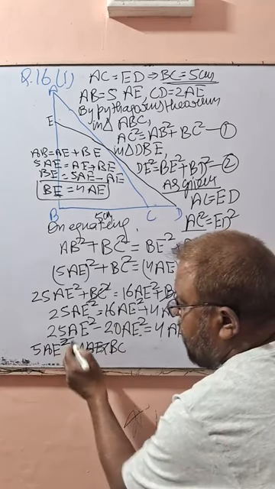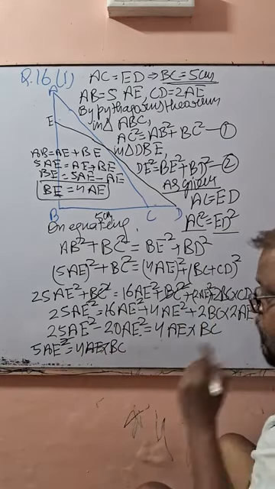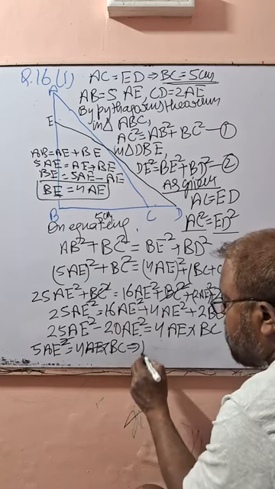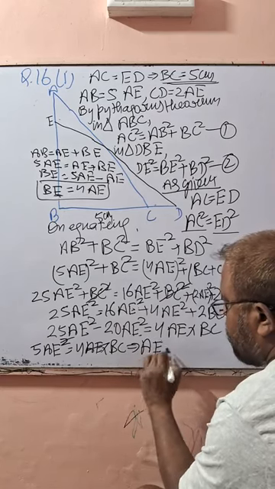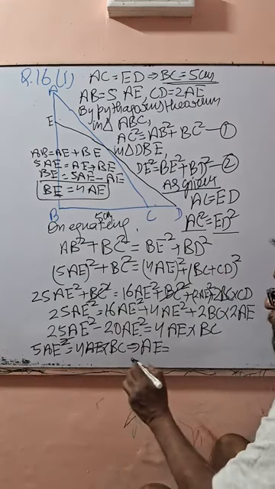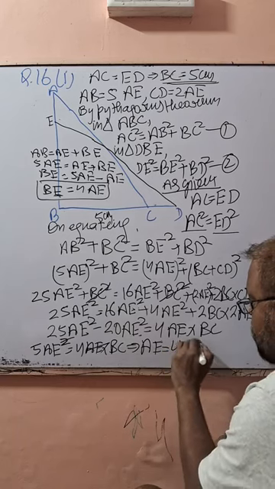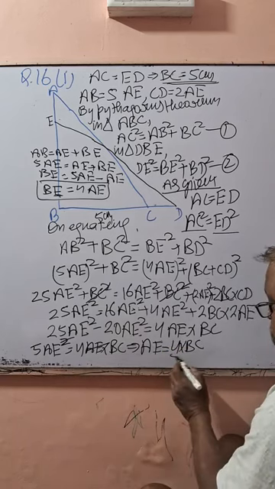This AE cancels. So we will get AE is equal to 4 into BC upon 5.